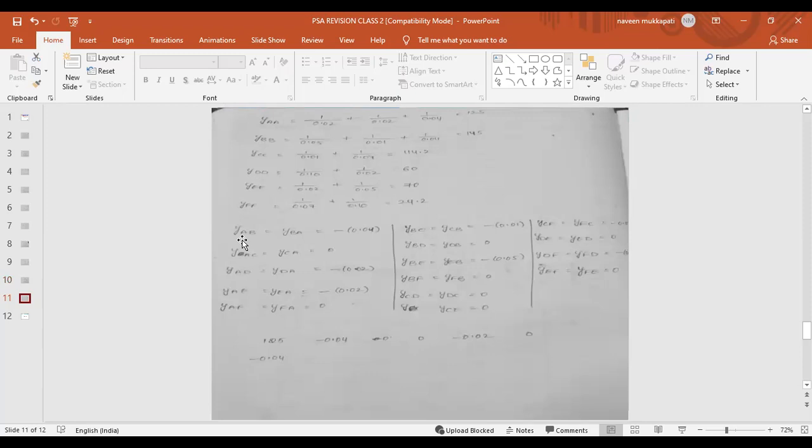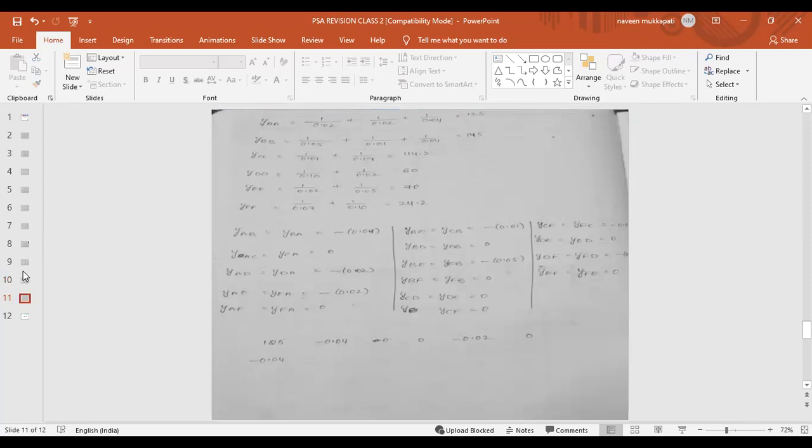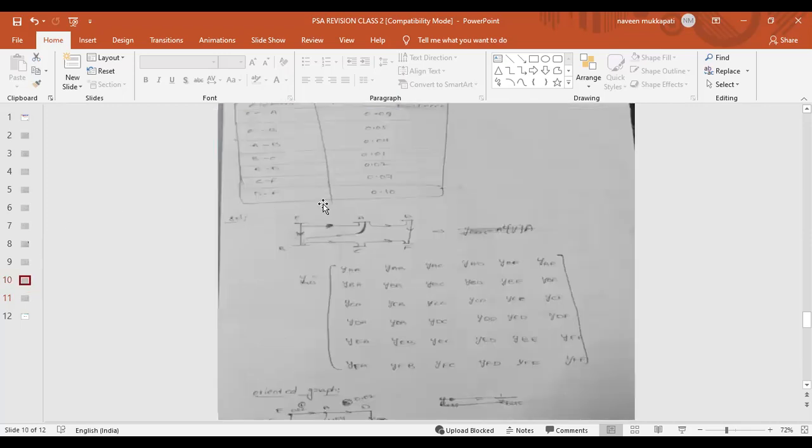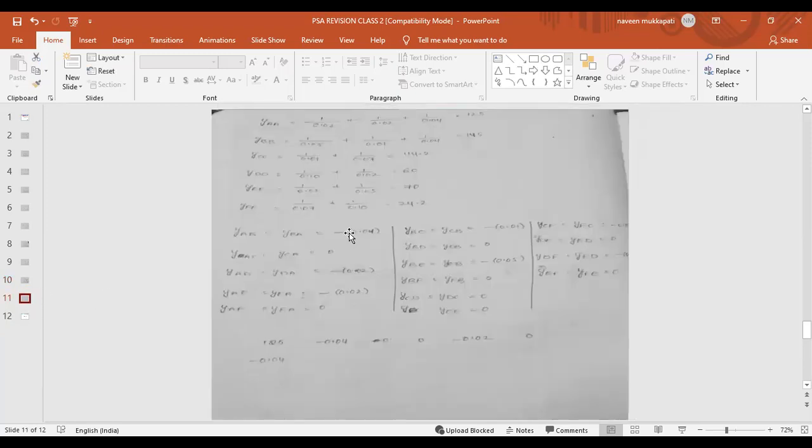After that we calculate YAB equal to YBA. What is that value? YAB, that is A to B, 0.04. It will be taken as minus 0.04. After that, YAC or YCA.